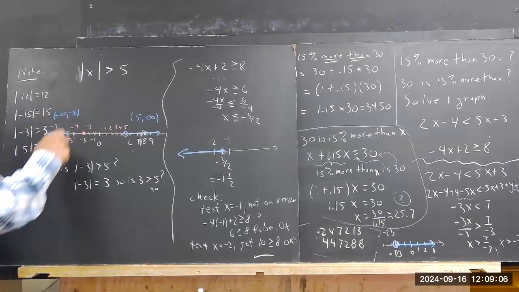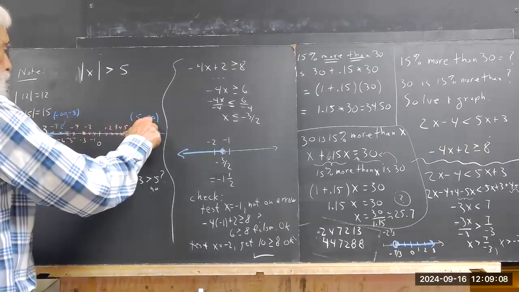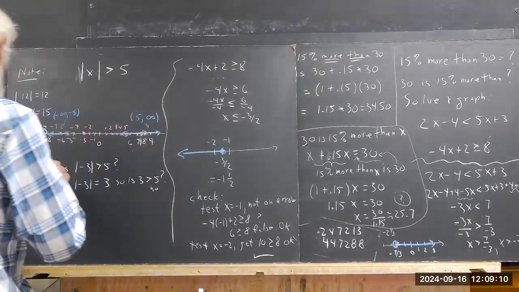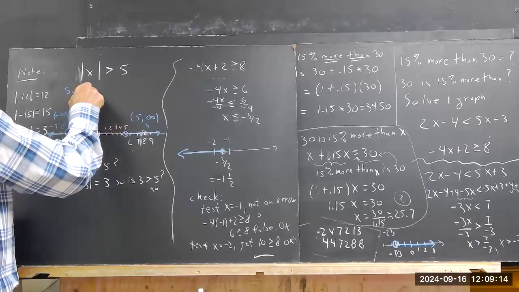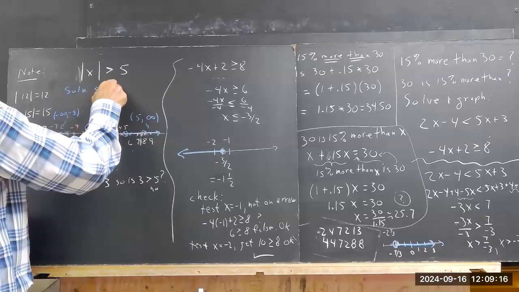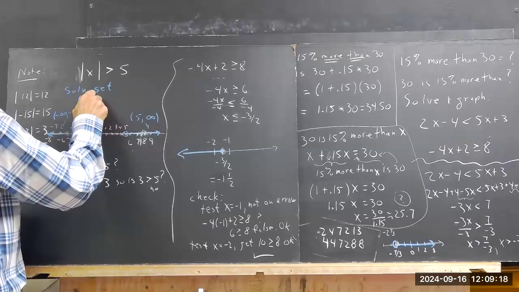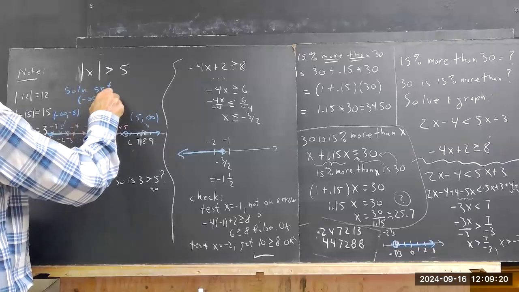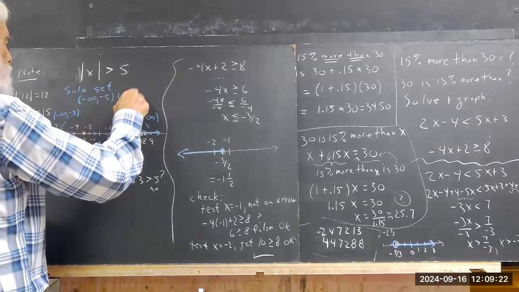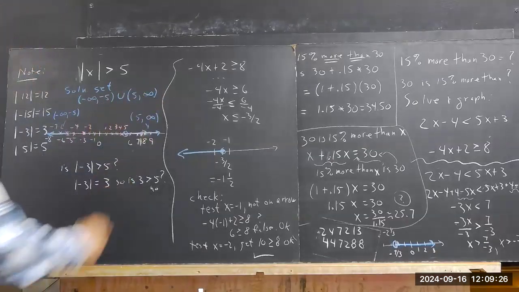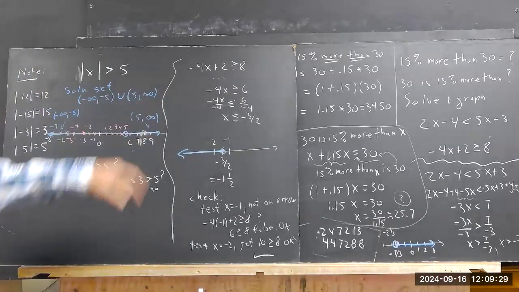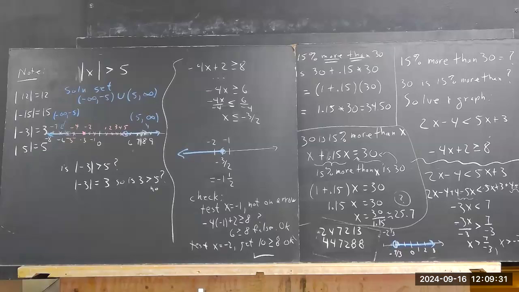Okay. So there's this set, and there's this set. The solution set is (-infinity, -5) union (5, infinity).